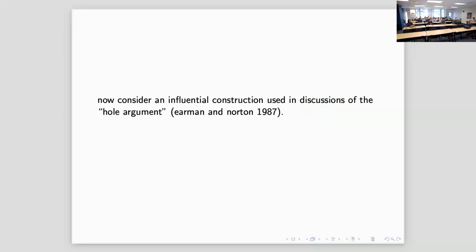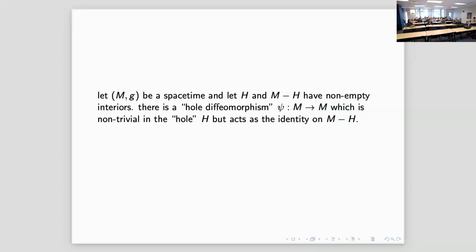Now what I want to do is consider an influential construction used in discussions of the hole argument. So let (M, g) be a spacetime, and let H and its complement both have non-empty interiors.